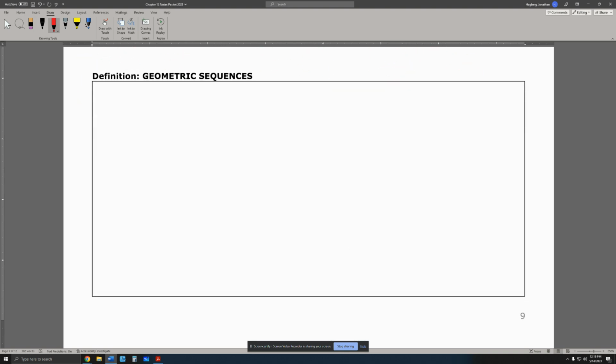A geometric sequence is a sequence in the form a, ar, ar squared, and so on. So if we were to write out this sequence, we would have our first term is a, our second term is a times r, our third term would be multiplied by that common ratio again, so ar squared, ar cubed would be the next term, and so on, okay?